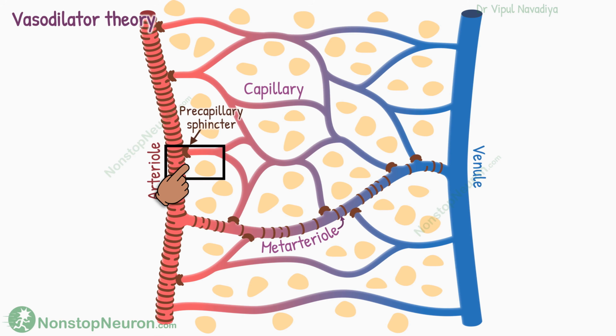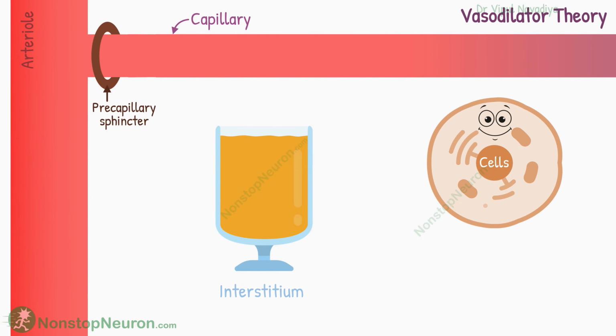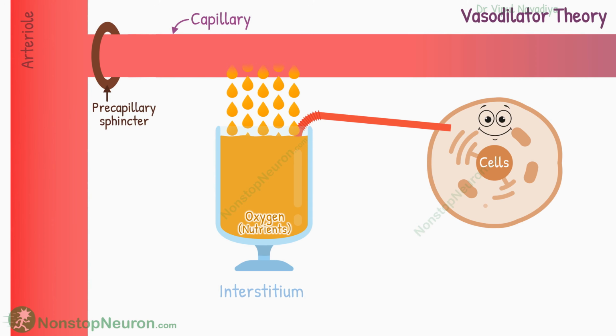But keep in mind that whatever we see is happening throughout the tissue, including the metarterioles. Here, this glass of juice represents oxygen and other nutrients in the interstitium. They are used by the cells. The rain from the capillary represents the filtration, which depends on the blood flow.